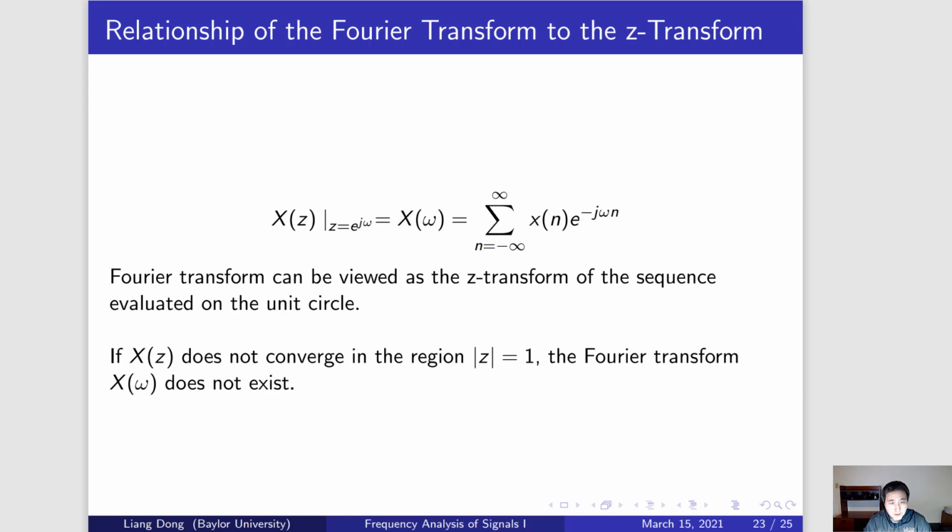We write out this relationship of the Fourier transform to the Z-transform again here. It can be seen that the Fourier transform is a special case of the Z-transform, evaluated on the unit circle.